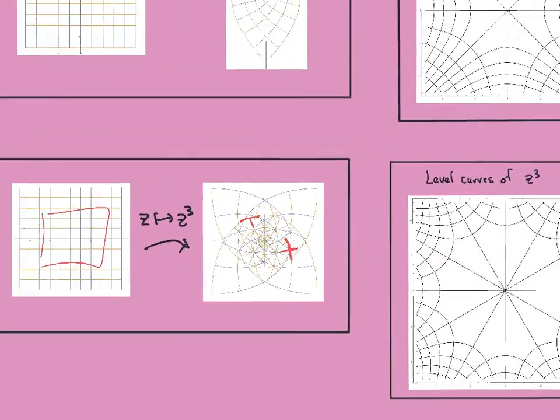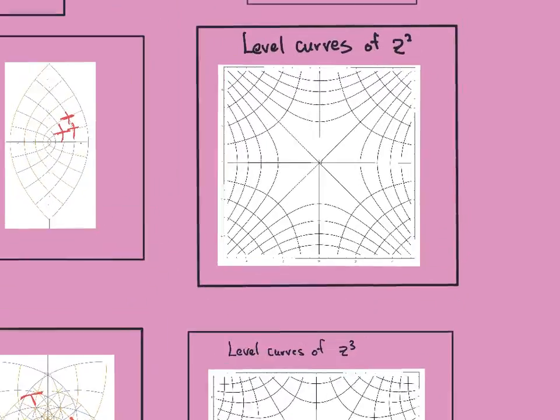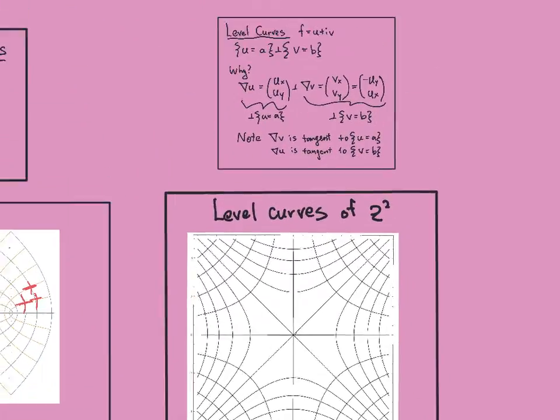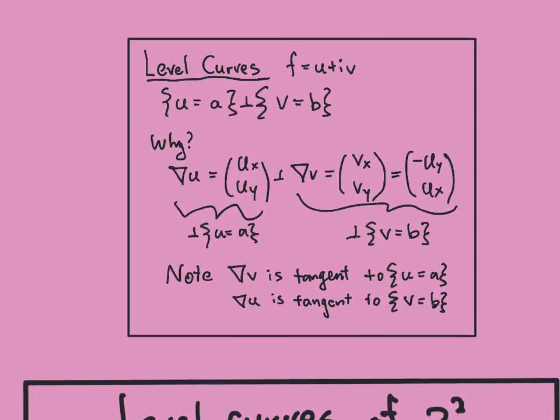You can also view this through the lens of level curves. So if I have an analytic function written as u plus iv, then the different level curves of the real and imaginary part will be orthogonal, meaning their tangent vectors will be orthogonal at points of intersection. So why is that?